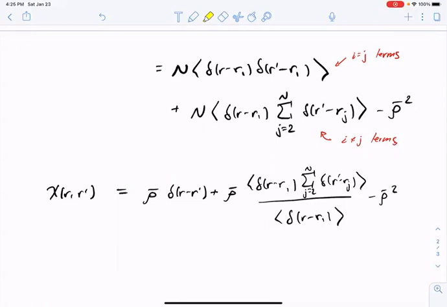This says, what is the probability that r1 is at r and rj, summed over all j, is at r prime, divided by the probability that r1 is at r.